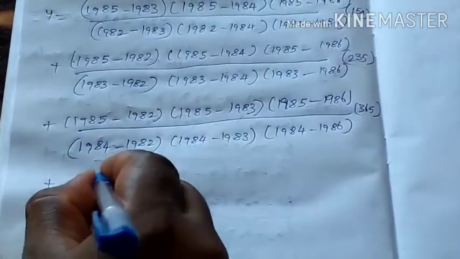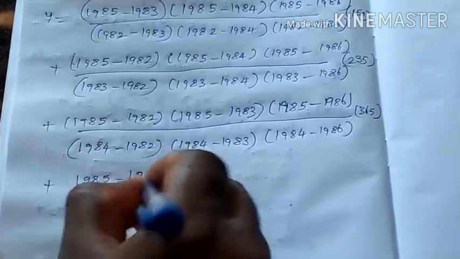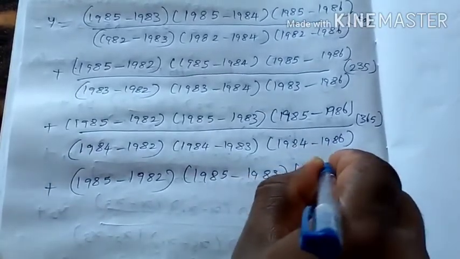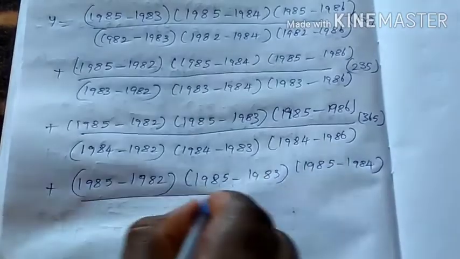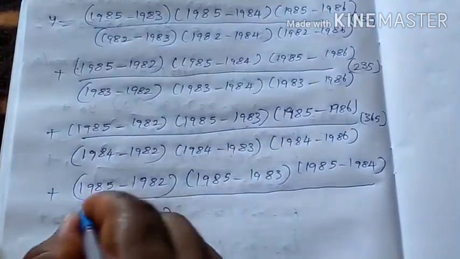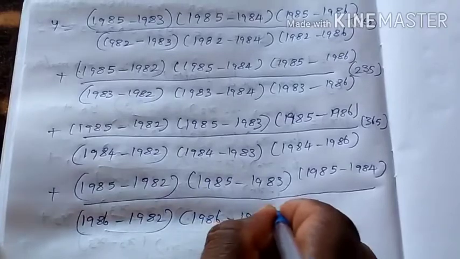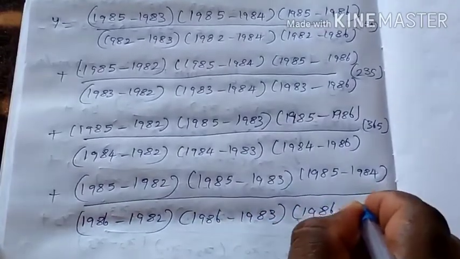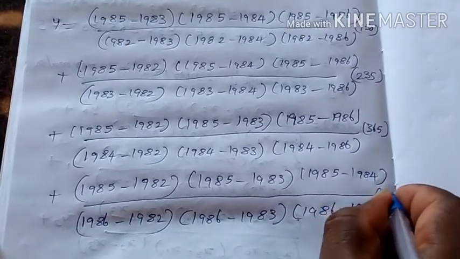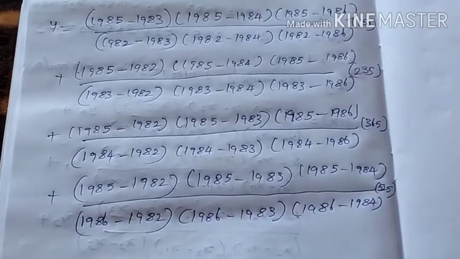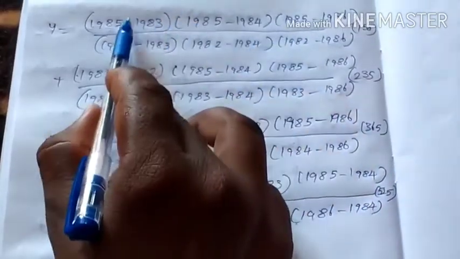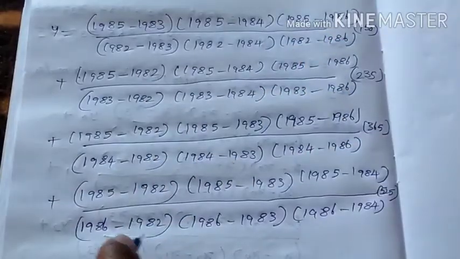Then plus (1985 minus 1982)(1985 minus 1983)(1985 minus 1984) whole divided by the x3 terms (1986 minus 1982)(1986 minus 1983)(1986 minus 1984), into y3 value 525.